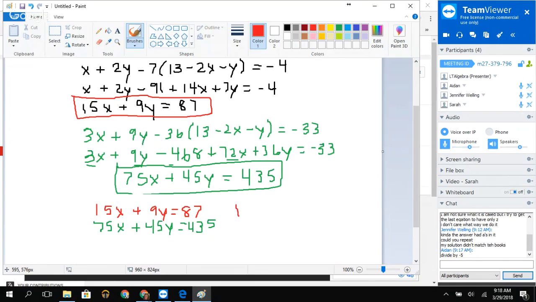So the top one stays 15x plus 9y equals 87, right? And then the bottom, if I divide everything by -5, right, Aiden, becomes negative 15x minus 9y equals negative 87.